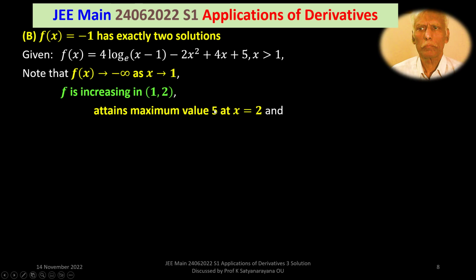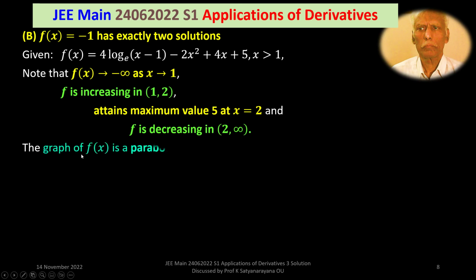Okay, so the maximum value is 5, and f is decreasing in 2 to infinity. So that means the graph of this function f of x is a parabola with vertex at (2, 5), opening downwards, because minus 2x square is there, and x is equal to 1 happens to be an asymptote for that.